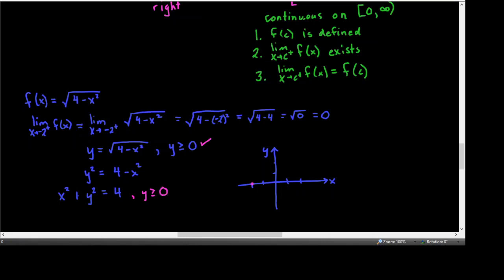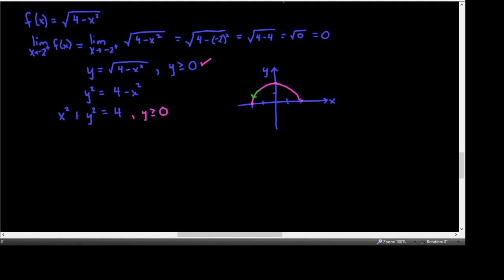So we won't get the whole circle. We'll get only the part of it where y is 0 or bigger. Something like that. And as we approach -2 from the left-hand side, you see that that is indeed approaching 0. So that's the little graphical confirmation of what we just found by substitution.